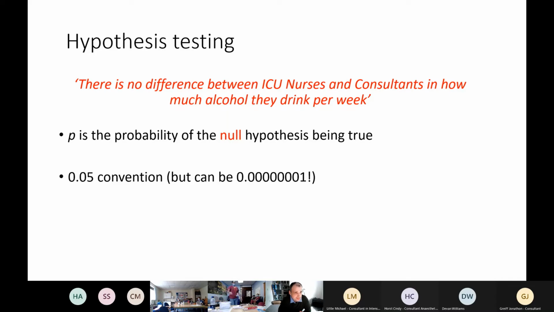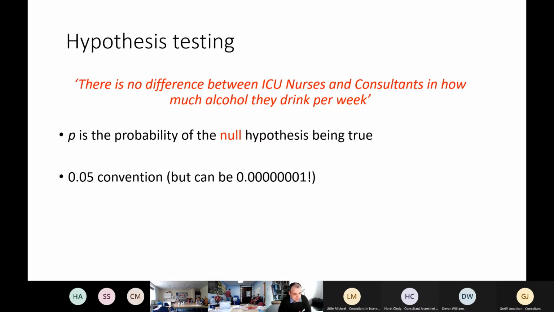Now conventionally, we use 0.05 or 5% as our cutoff for statistical significance. It doesn't need to be that. If you're doing things like gene association studies and some of the physics work, they've got p-values of 10 to the minus 7.